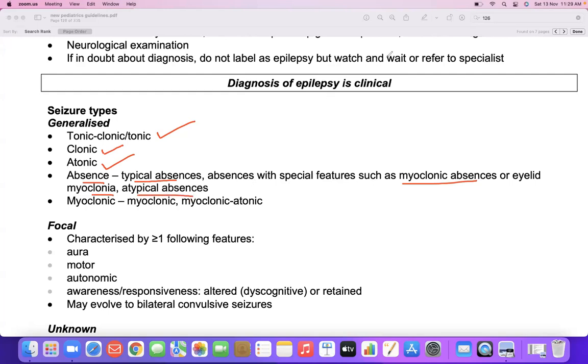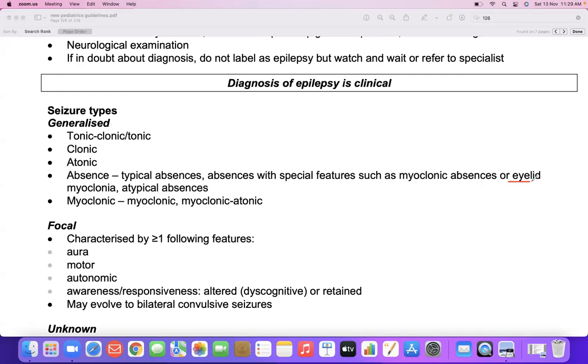So typical absence is just a staring look. Atypical absence may be associated with something else, or they may have myoclonic epilepsy along with the absence, or eyelid myoclonia, which means continuous blinking of the eyelid.